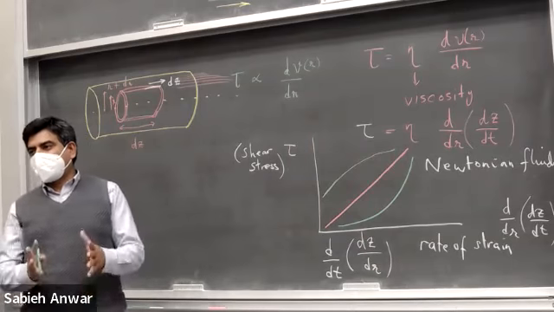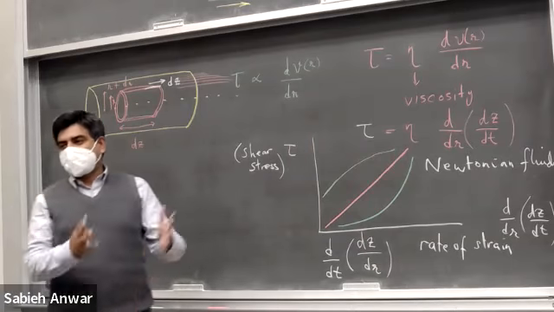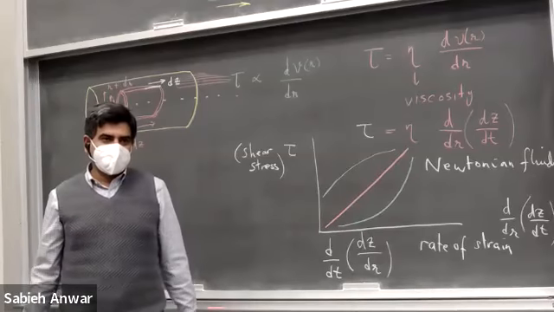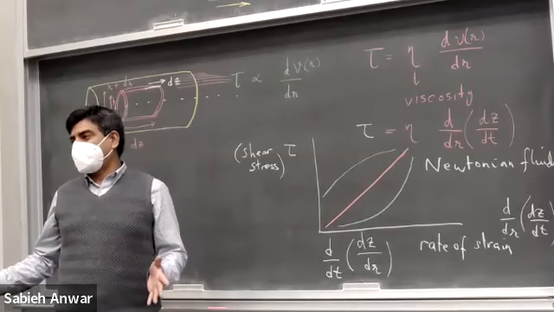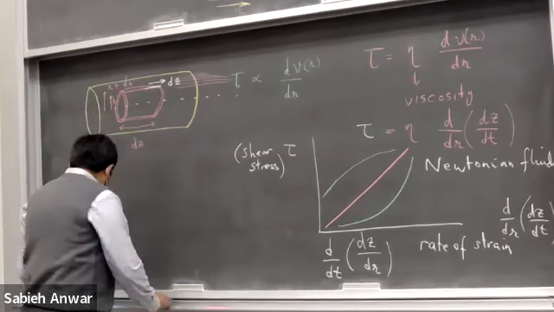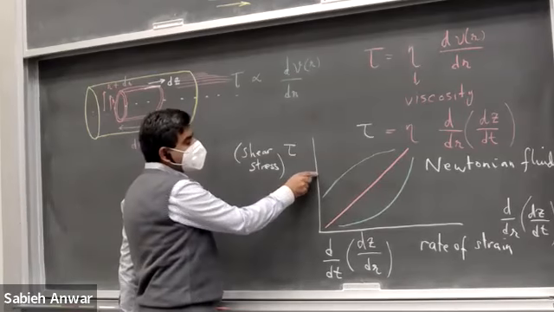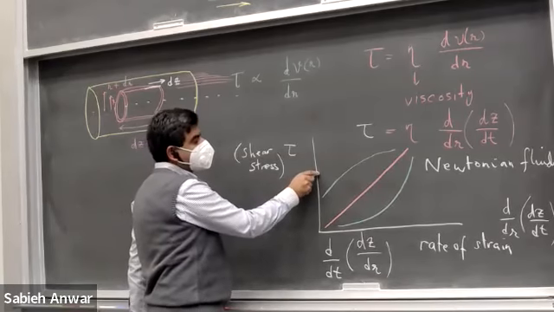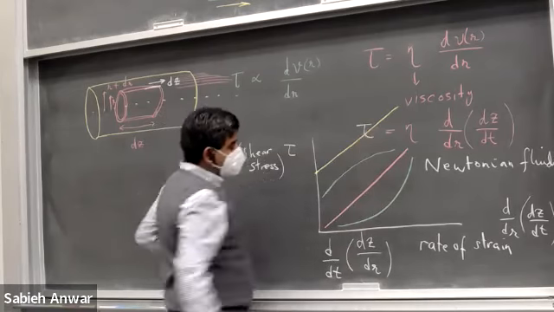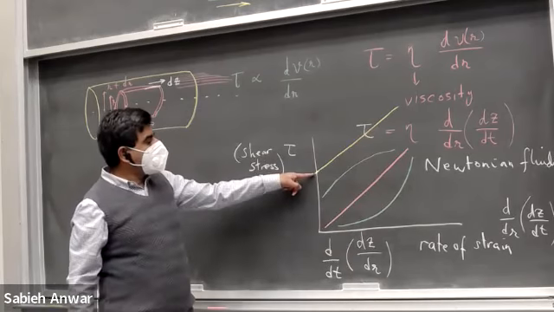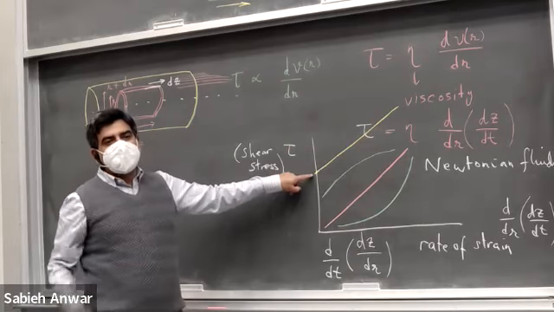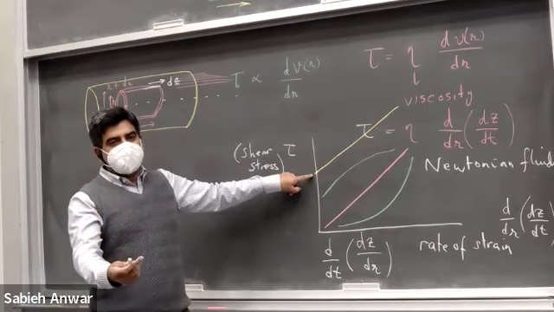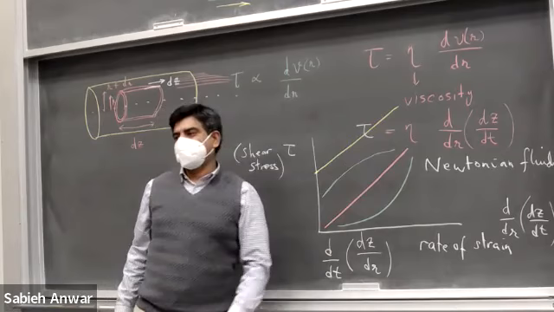You apply more stress, it starts flowing. Toothpaste. So these are non-Newtonian fluids. You can also have an object that does not show any strain up to a certain point, and only if the stress goes beyond a limit does it start to flow.